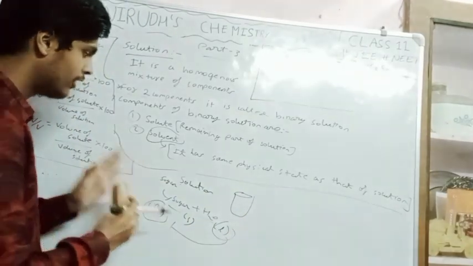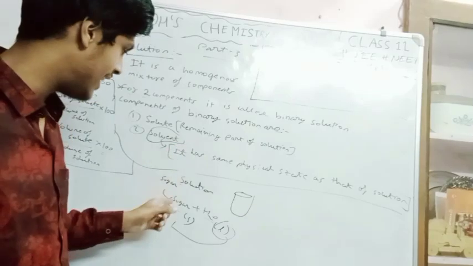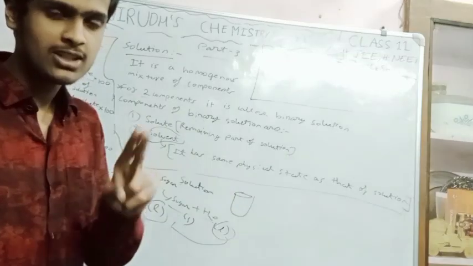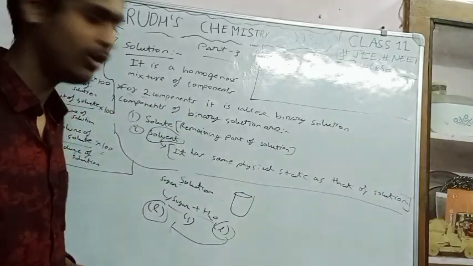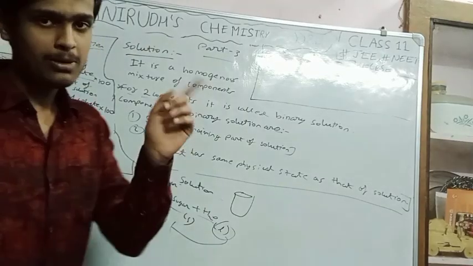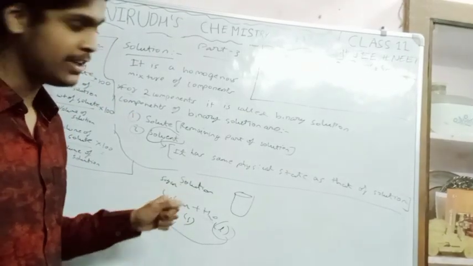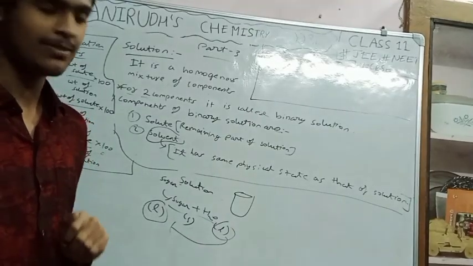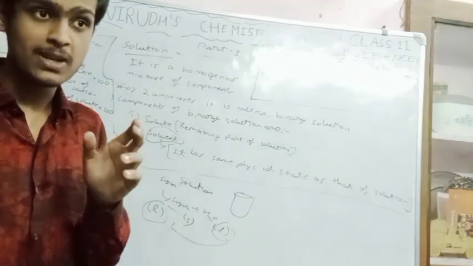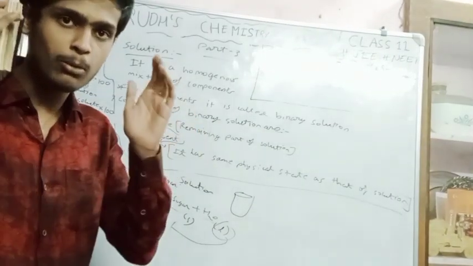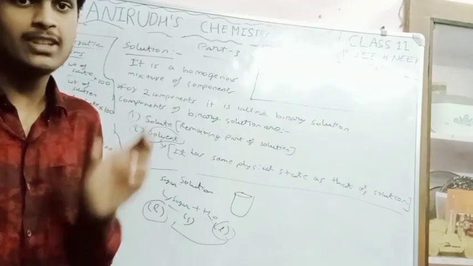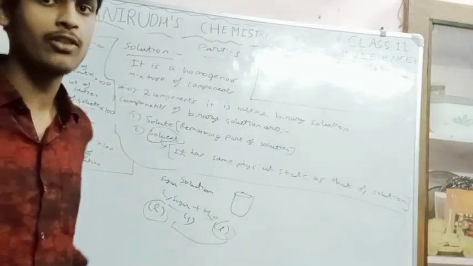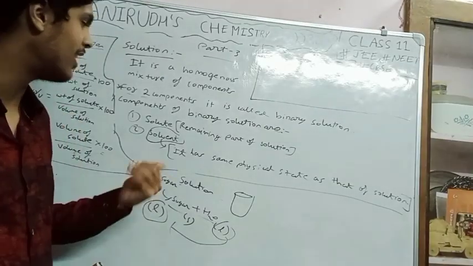This is valid when the solute and solvent are in different phases. But there will be some conditions where solute and solvent both have the same state. In that case, the component which is present in more amount is called the solvent, and the remaining small amount component is called the solute.